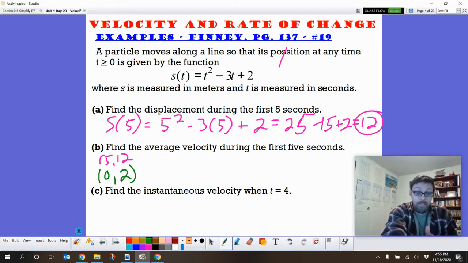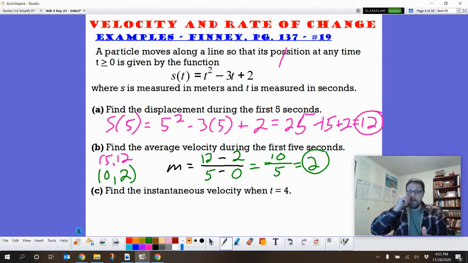So it started at 2 and moved to 12, and it started at 0 and moved to 5. That equals 10 over 5, which is 2.